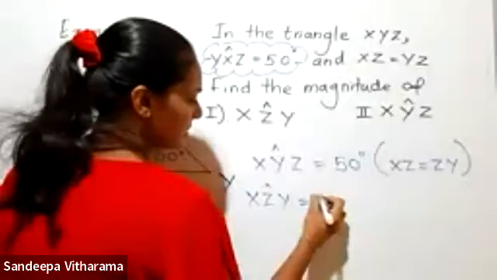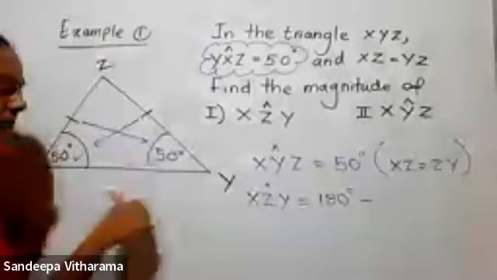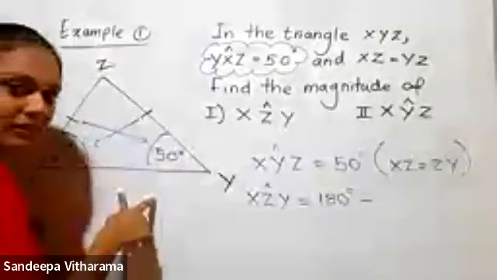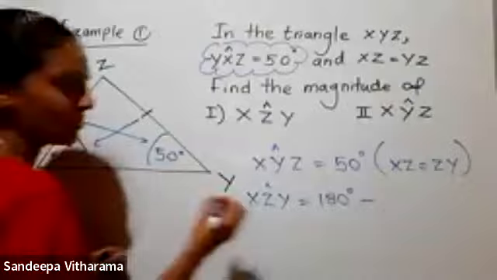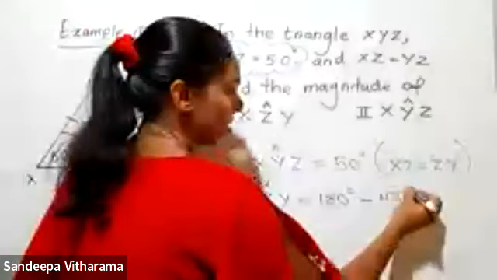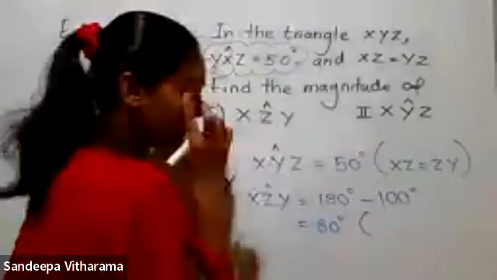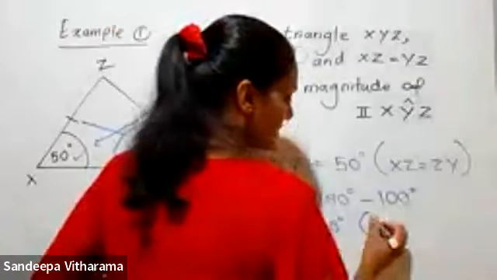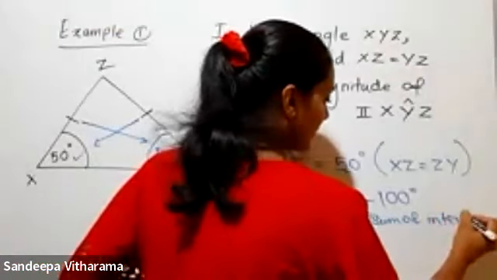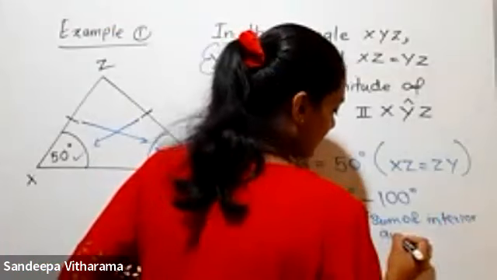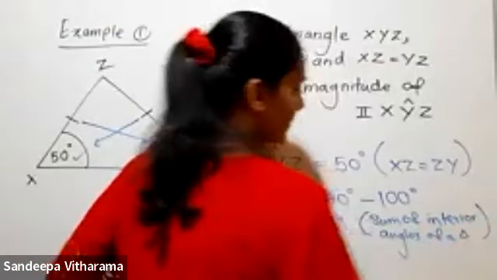XZY equals 180 subtract, because we know that the sum of all the interior angles of a triangle equals 180. You can subtract the sum of these two angles. Then the answer is 80 degrees. Actually, here the reason is the sum of interior angles of a triangle.